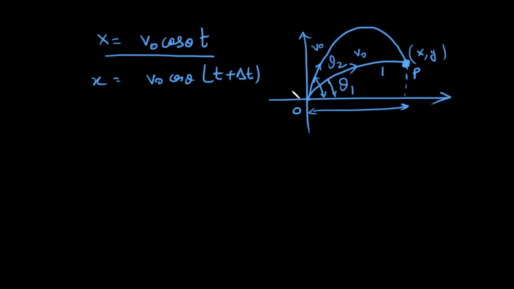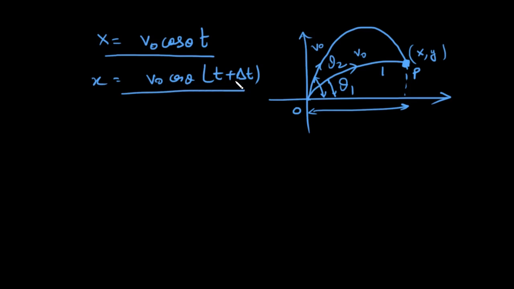Why? Because it was thrown after time delta t, or we can say it took delta t longer. All right, so these are the two x coordinates.